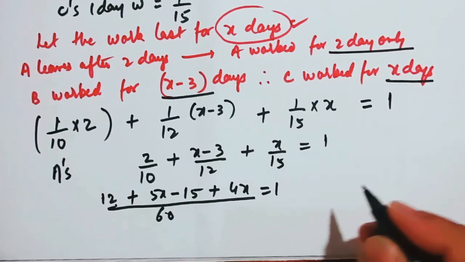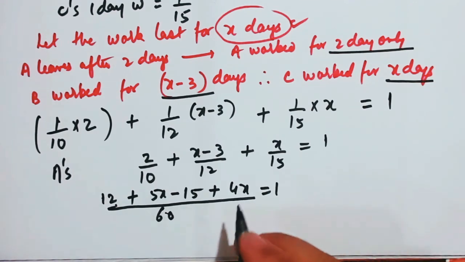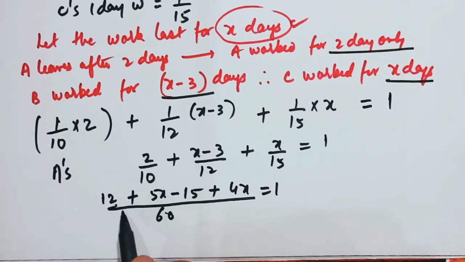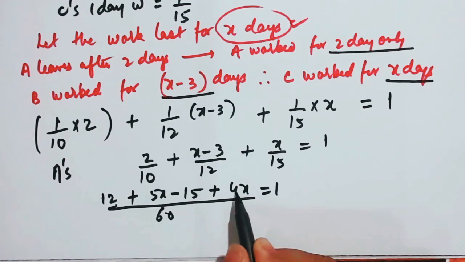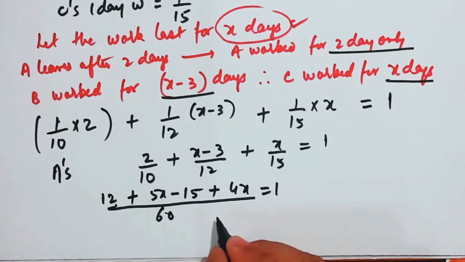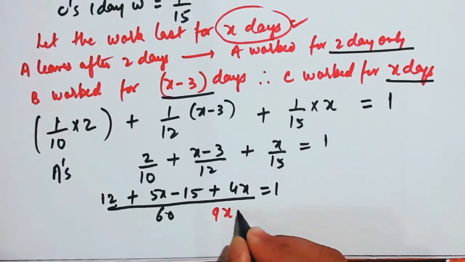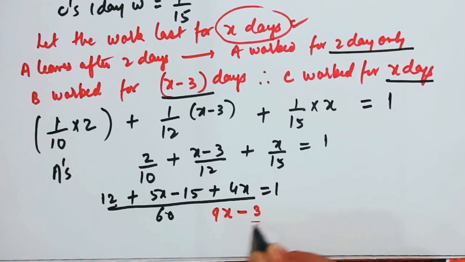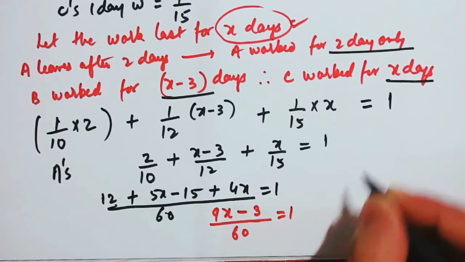Let's finish it here. When you solve this, 5x plus 4x is 9x, and 12 minus 15 is minus 3. So 9x minus 3 by 60 is equal to 1.